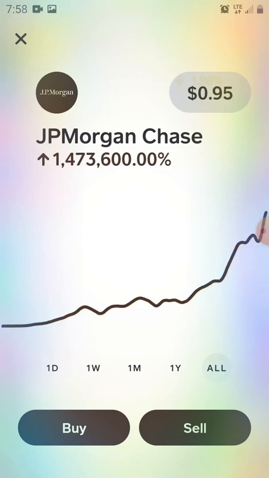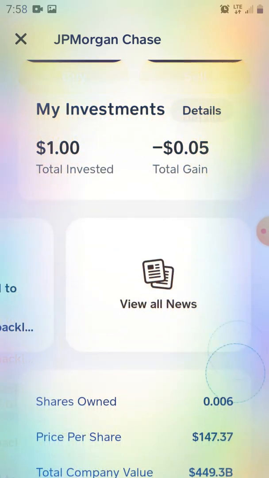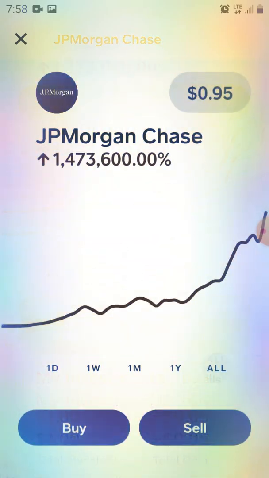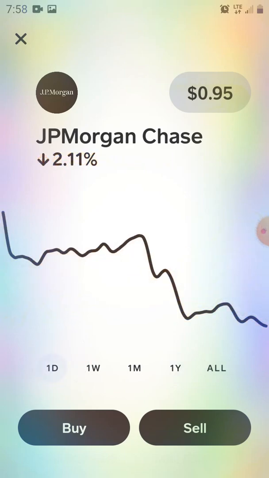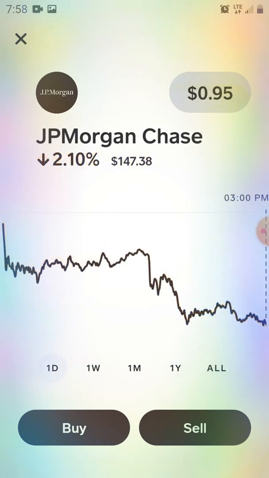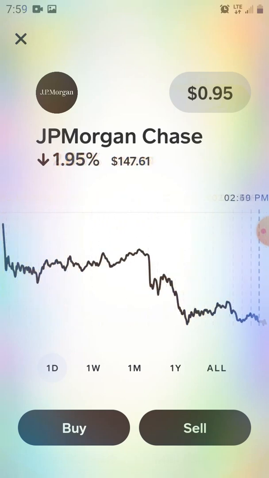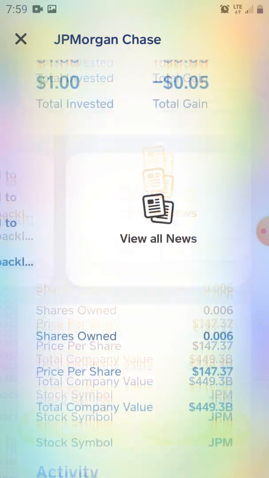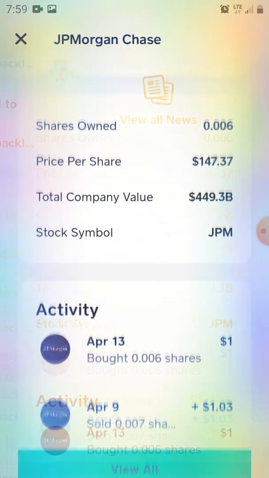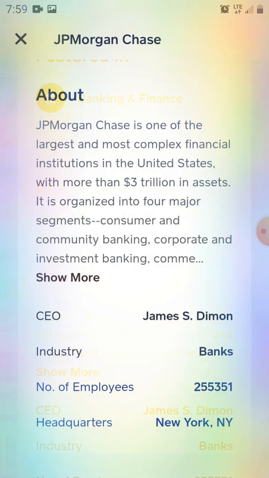It doesn't take a rocket scientist to figure this out. If you jump in the right penny stock, in the right field, you can make some serious money. Let's see what today is, 147, went from about 150 to 147, down a little bit, but not so bad. I'm down about 5 cents off a dollar, but hey, you got to be in it to win it. You got to be in it to play it.